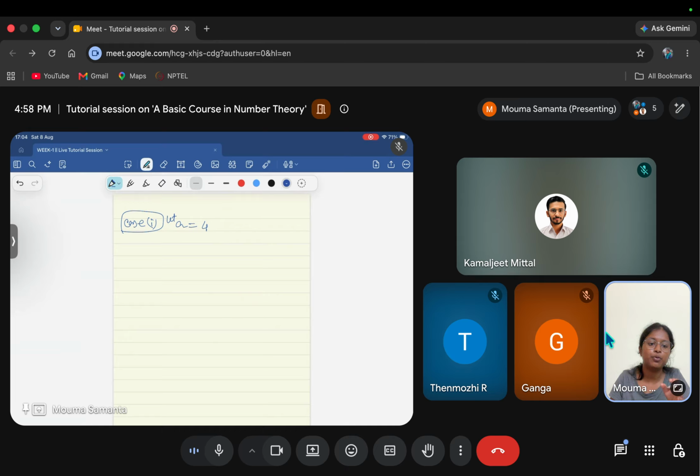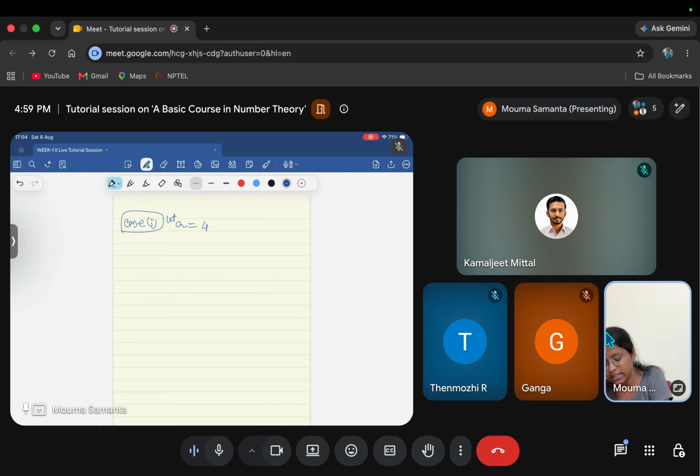Now among these four cases, in which cases will a be odd? Only two cases: either 4n plus 1 or 4n plus 3. So we will consider these two cases, since the given condition is that a is odd.